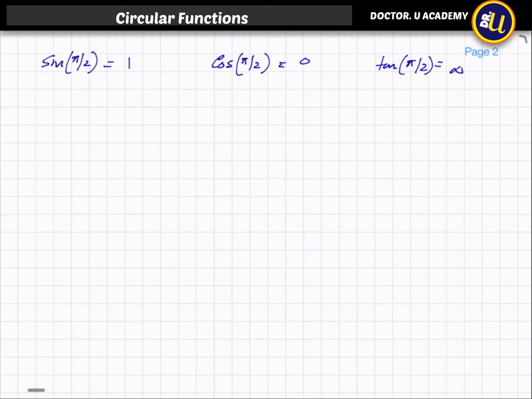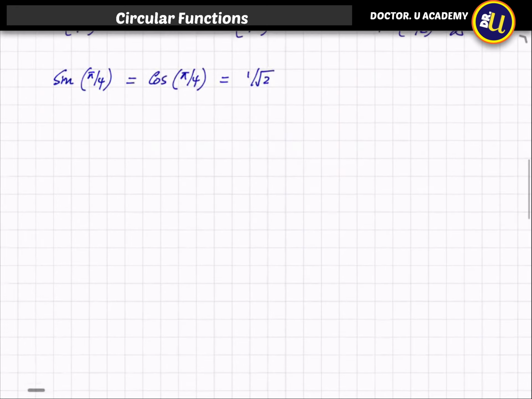Now we observe that sine 45 is equal to cos 45. That would be 1 divided by square root 2, right? If you graph this, sine would be like this. Cosine is starting from here and coming like this.